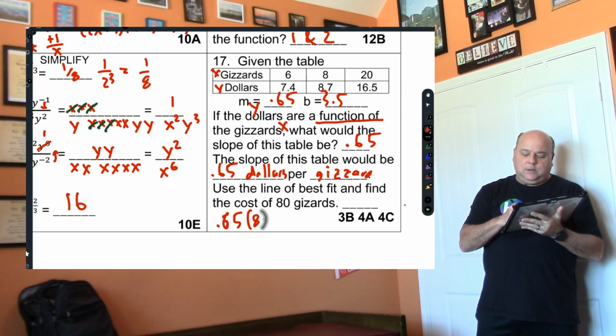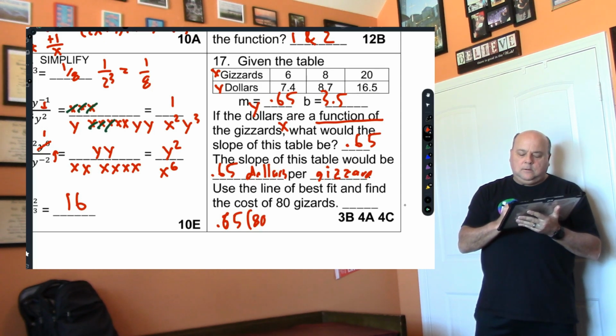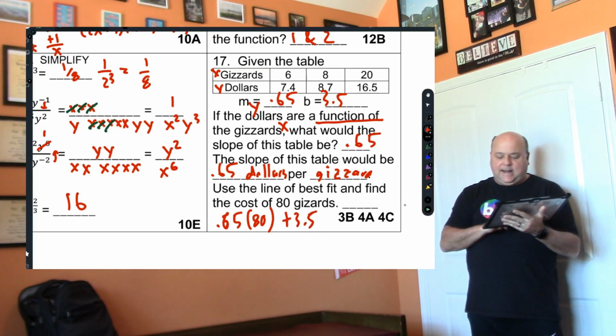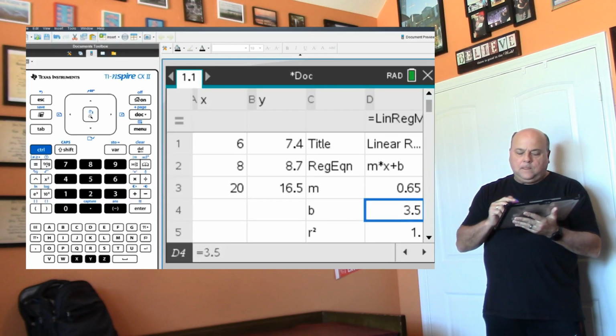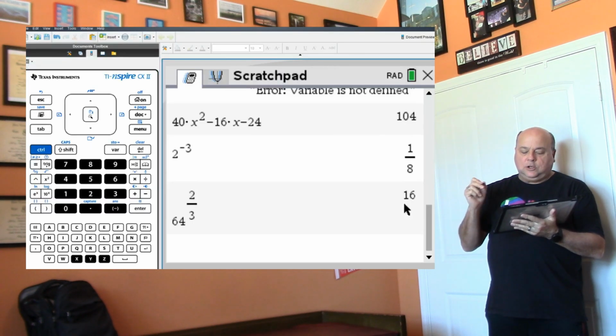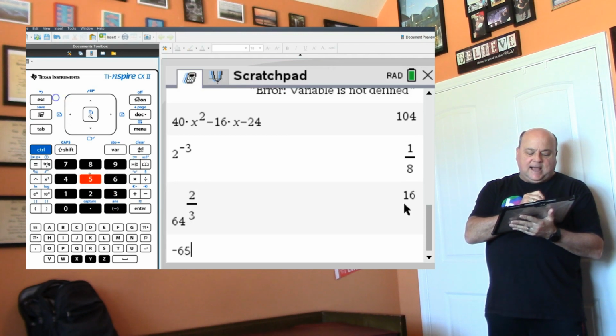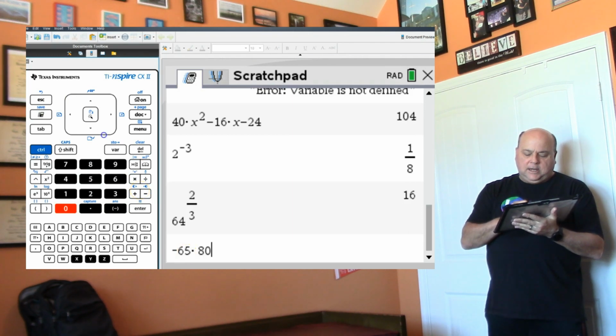Plus 3.5. So we got to calculate that out. So let's go to our calculator. 0.65 times 80 plus 3.5.